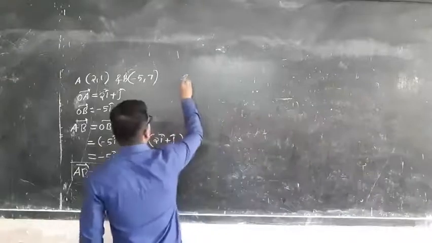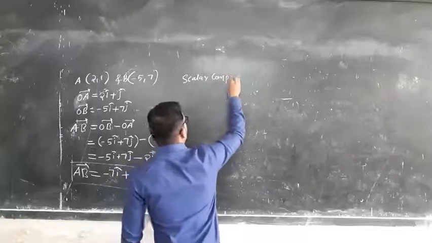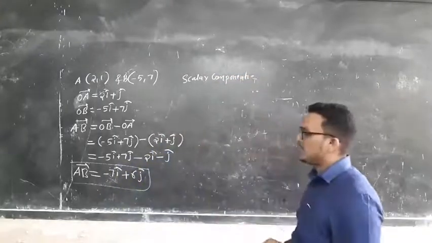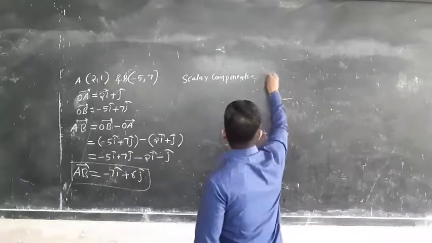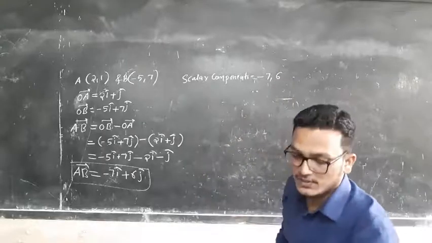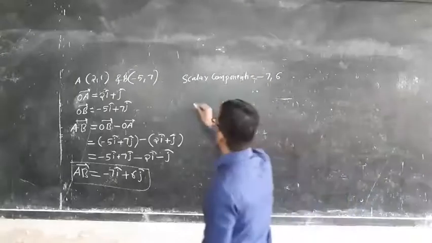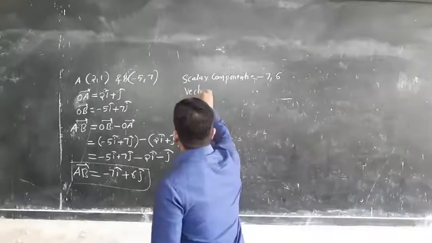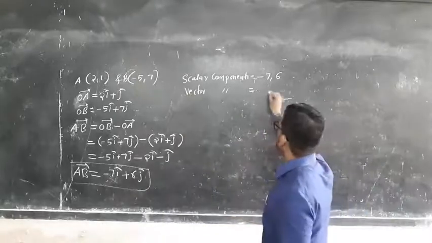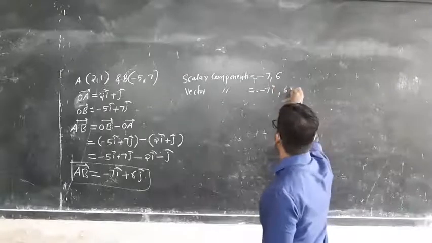So what are the scalar components here? That is minus 7 and 6. The coefficients of i and j are called scalar components, whereas the vector components are minus 7i, comma, 6j.